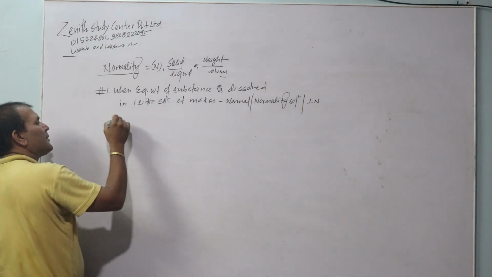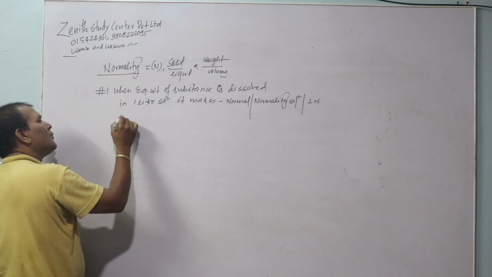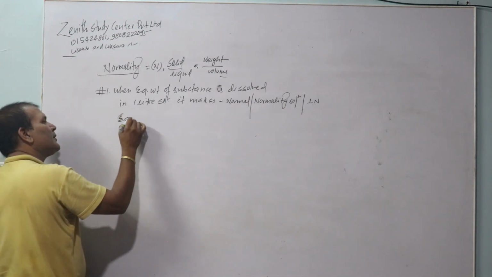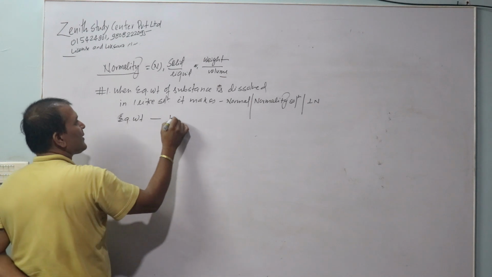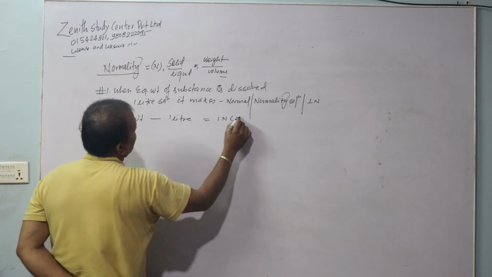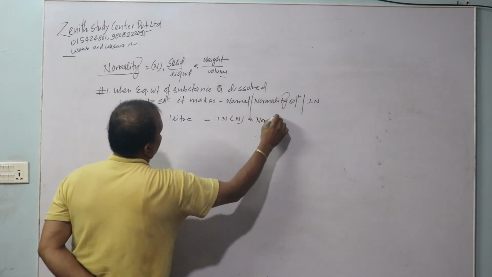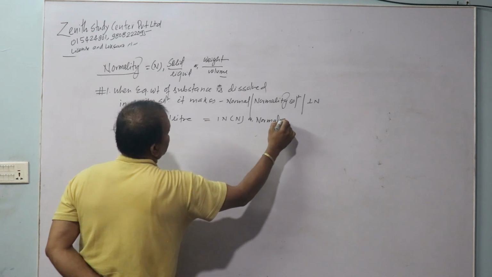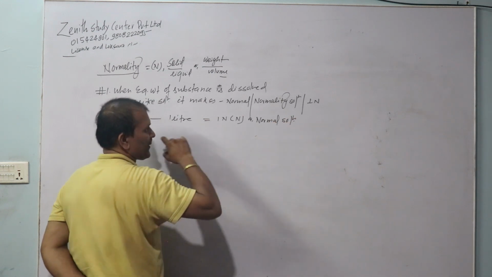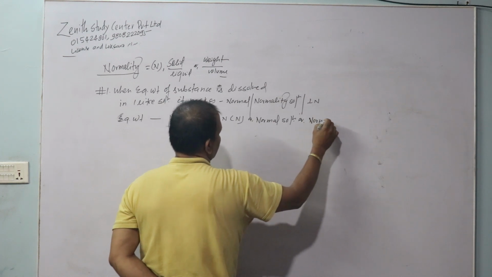So what is the statement? The statement is: equivalent weight in 1 liter makes 1 normal, or capital N, or normal solution, or normality solution. It's all the same thing.